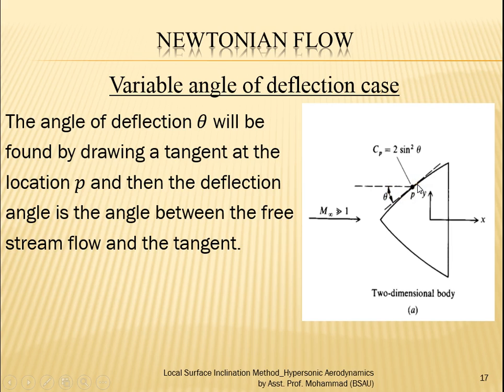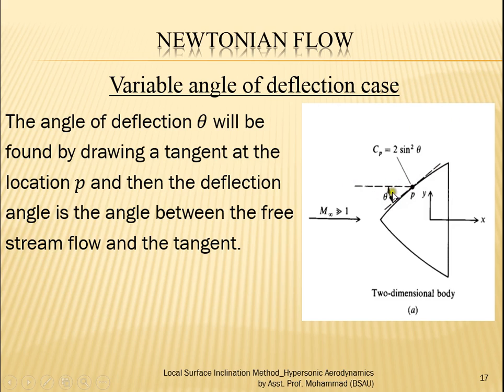So when it comes here, we follow this method: we need to find the deflection angle to get the value of CP. The deflection is the angle between the free stream flow and the tangent at the particular point. Suppose the flow is coming and attacking at point P. At the point P, what is the angle between the tangent and the flow?